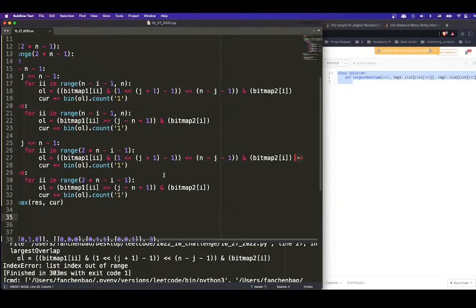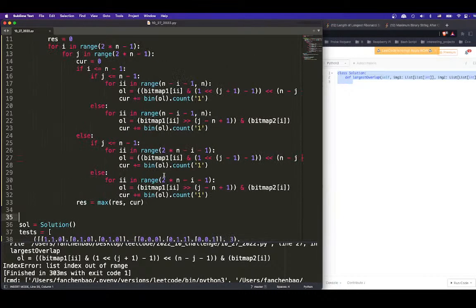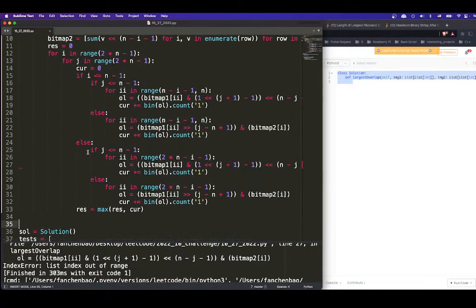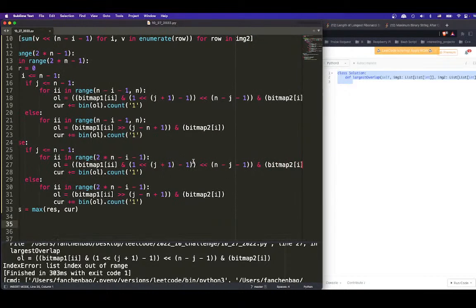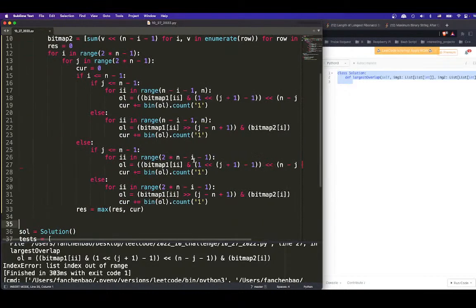Which one? This one. 2 times n minus I minus 1 is not right. So I is n, right? Is it j? Don't know.